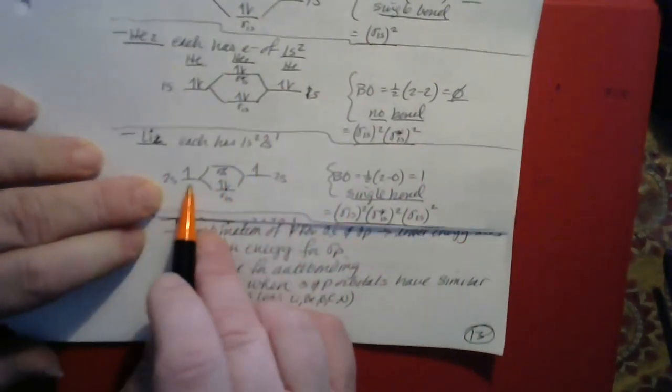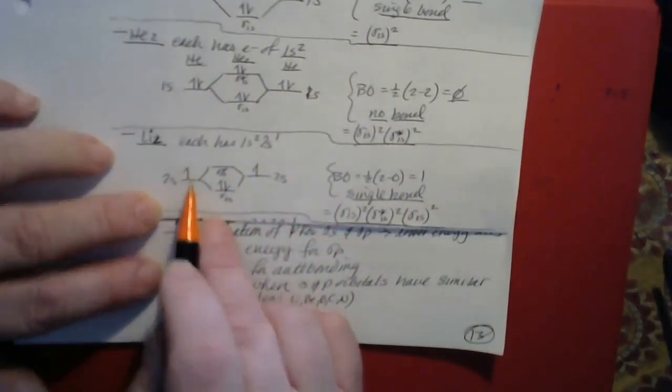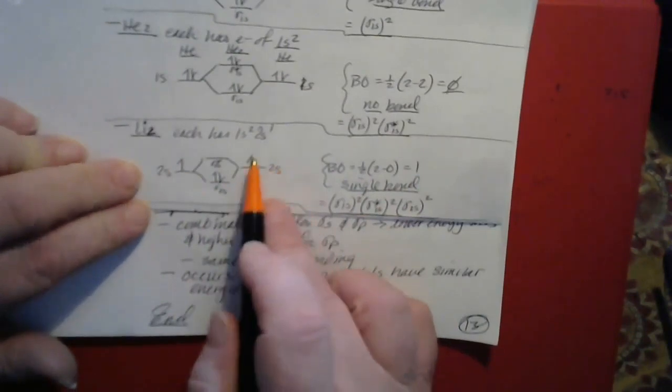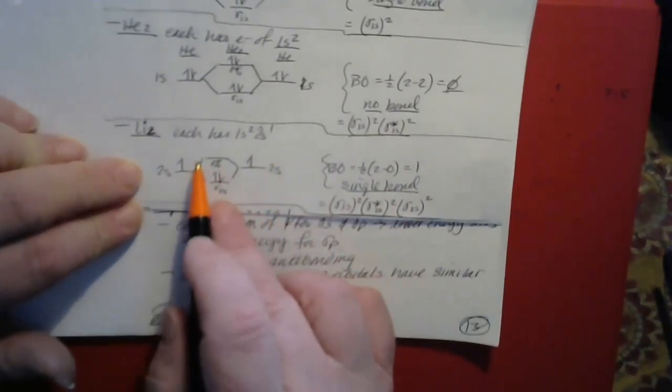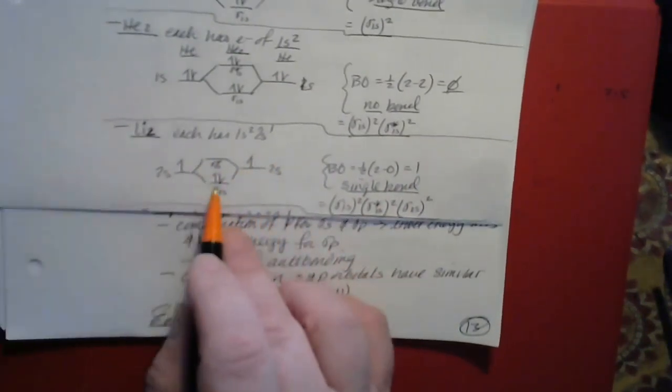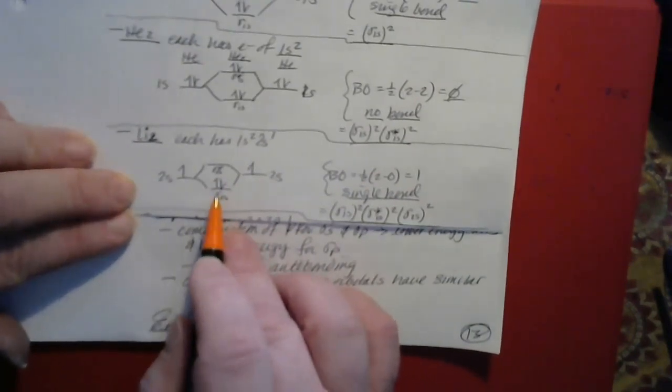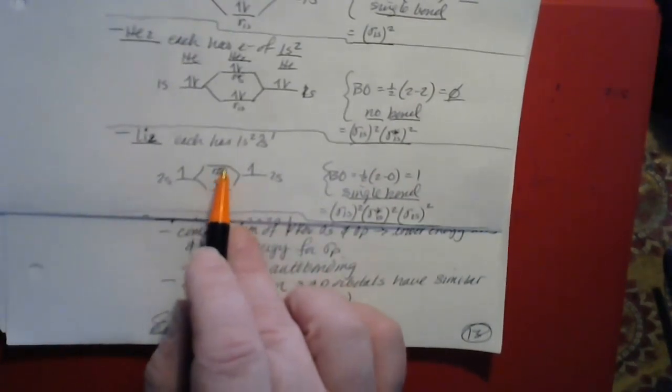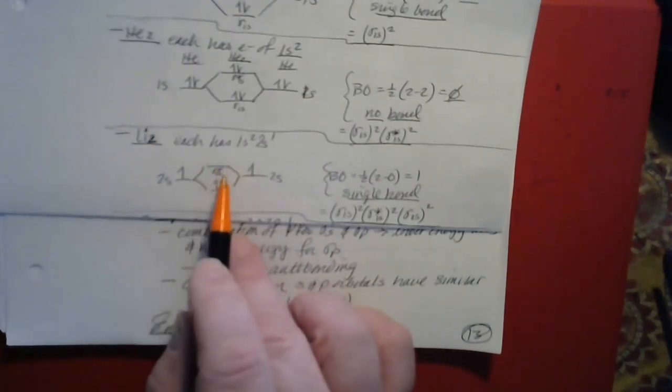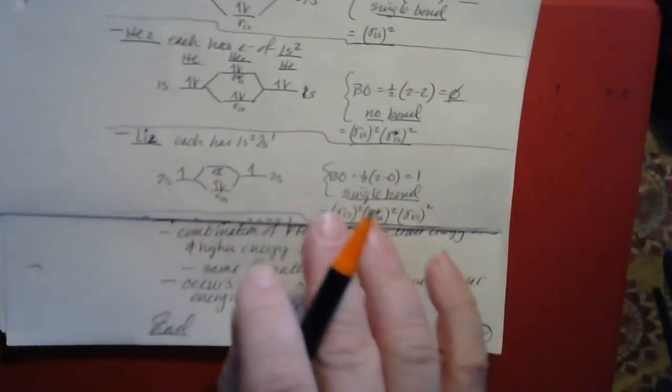All right, so 2s orbital on one lithium has a single electron. The 2s orbital on the other lithium has a single electron. And when they meet to form molecular orbitals, you get a sigma 2s bonding orbital and a sigma star 2s anti-bonding orbital. You've got 2 electrons in total in the valence shell for the molecule as a whole.